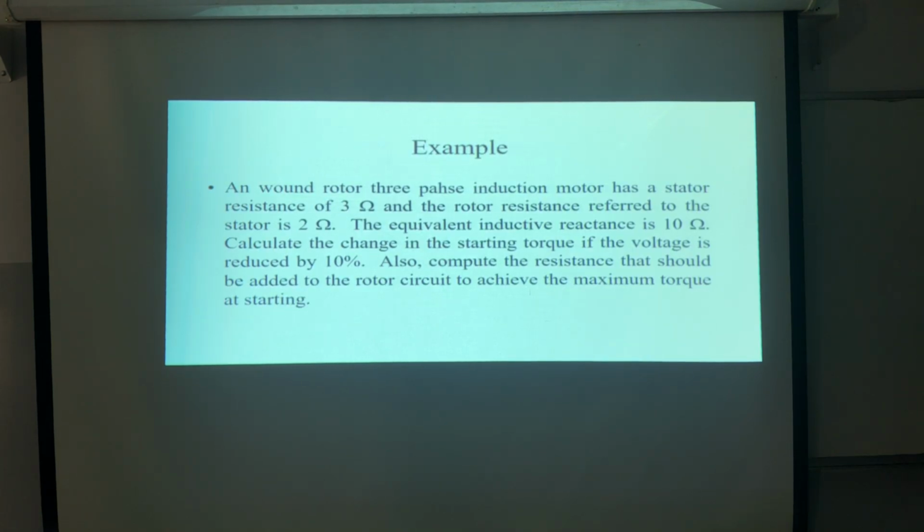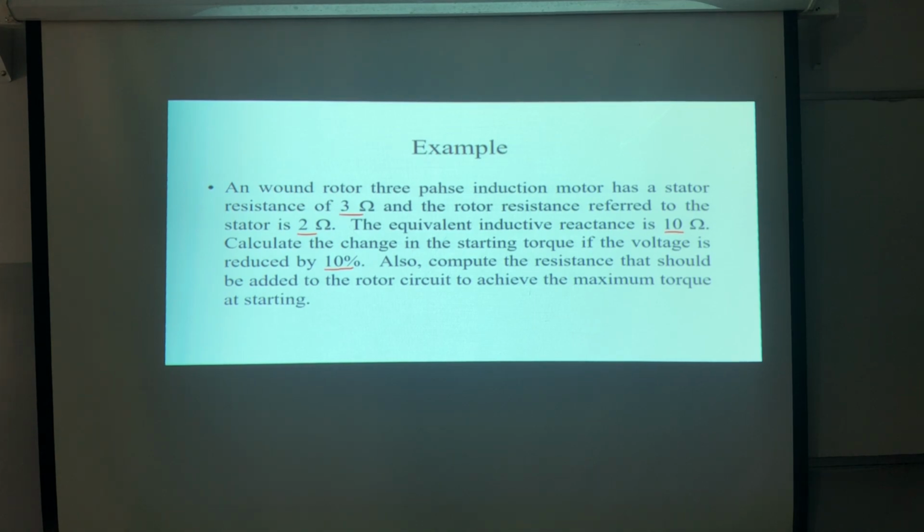Now, okay, let's assume the following example. I have a wound rotor 3-phase induction machine which has a stator resistance of 3 ohm and rotor resistance referred to the stator of 2 ohm, the equivalent reactance is 10 ohm. I need to calculate the change in the starting torque if the voltage is reduced by 10%. The meaning is that I need to find a ratio between the starting torque and the rated.